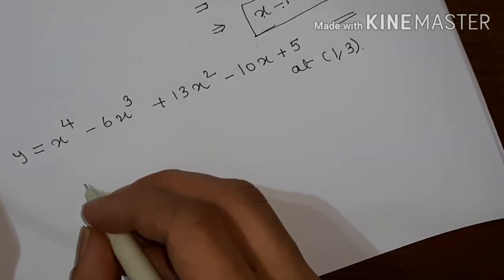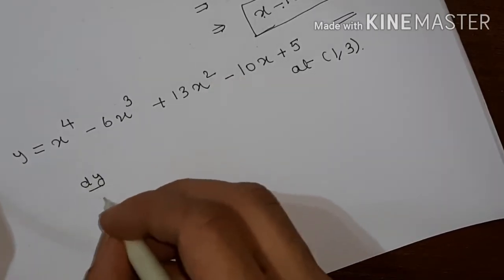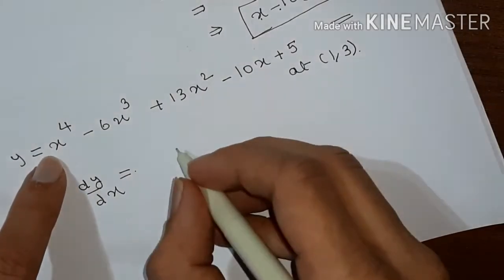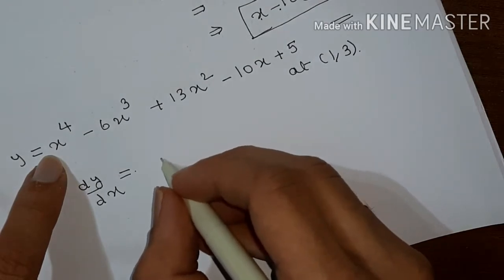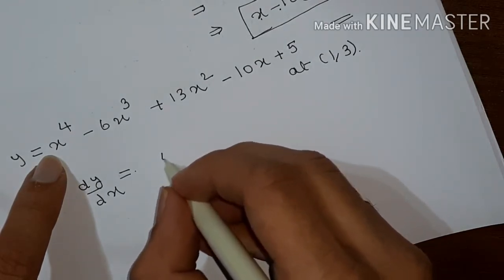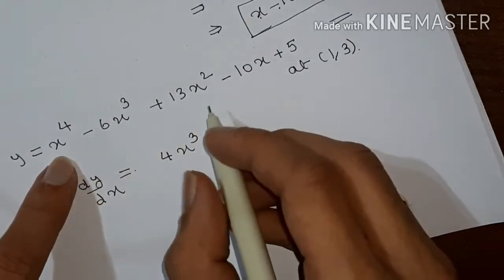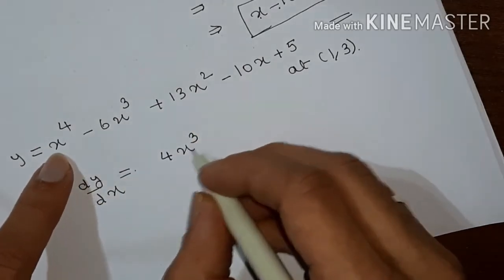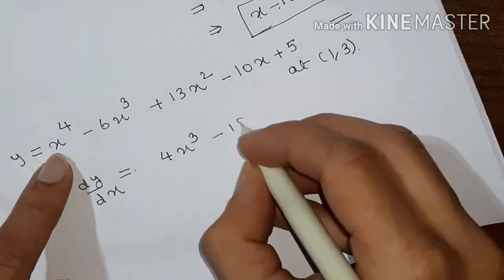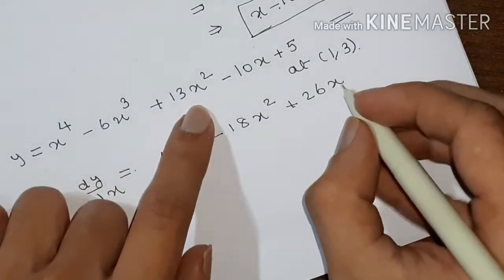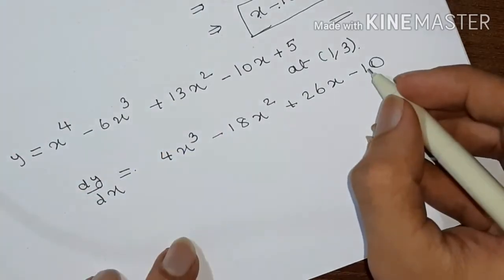First we have to find dy by dx. The derivative of x raised to 4 is 4x cube. This is the same function as the previous one, so the derivative is 4x cube minus 18x square plus 26x minus 10.